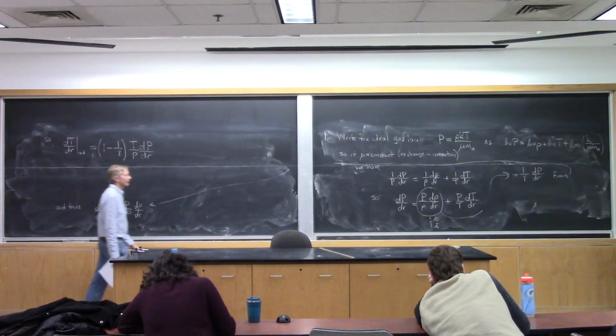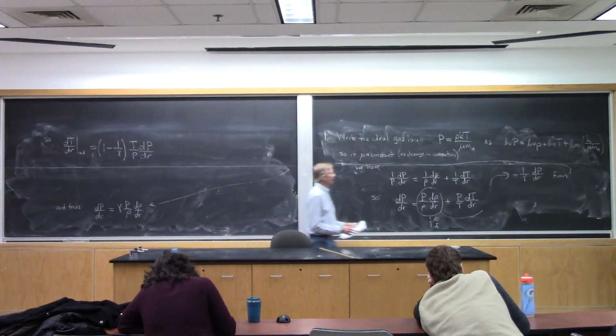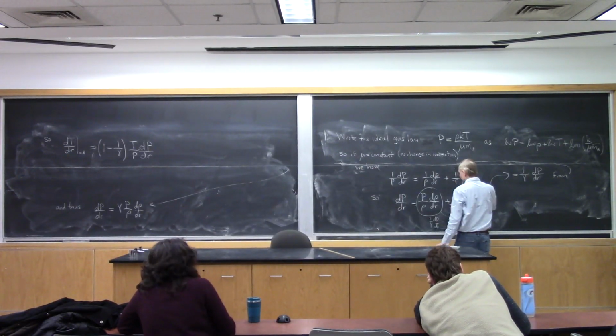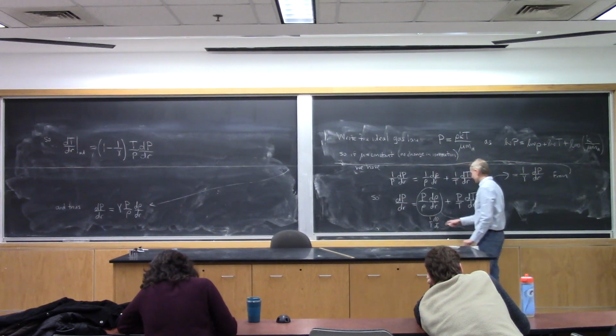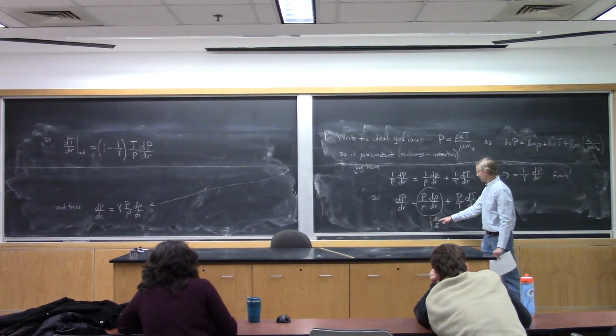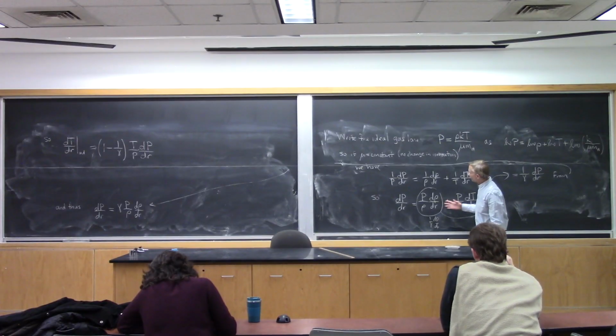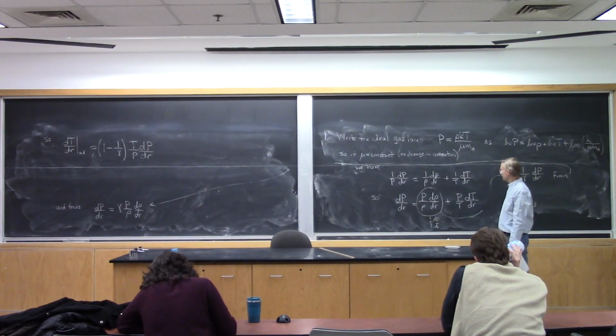In other words, I just multiply through by T over P and pull this 1 over gamma dP/dr term over to the other side.